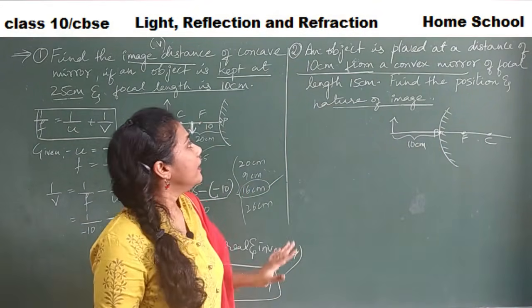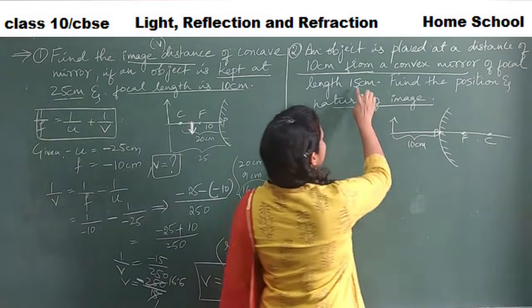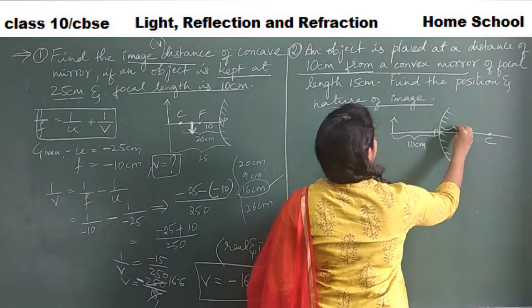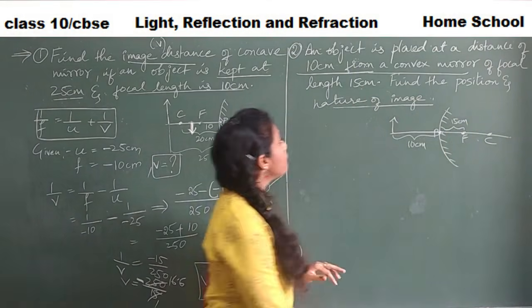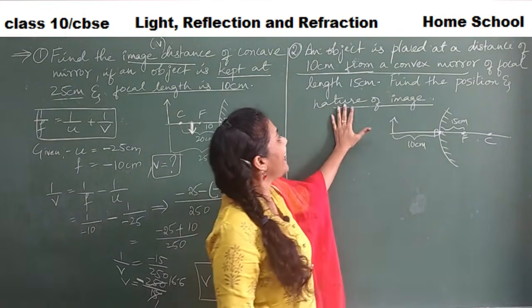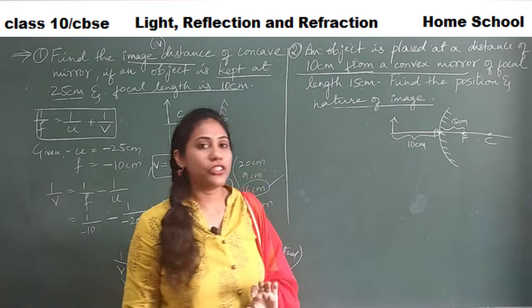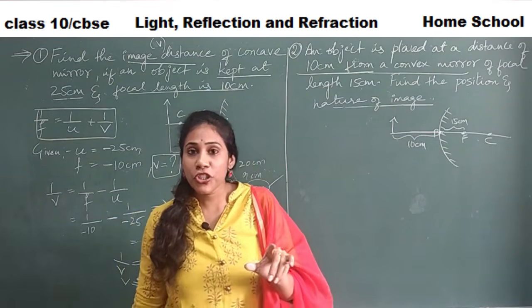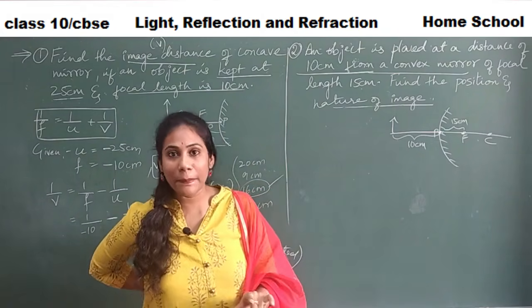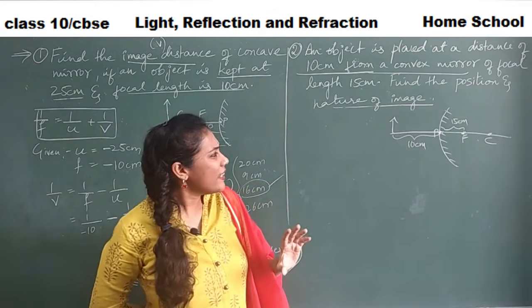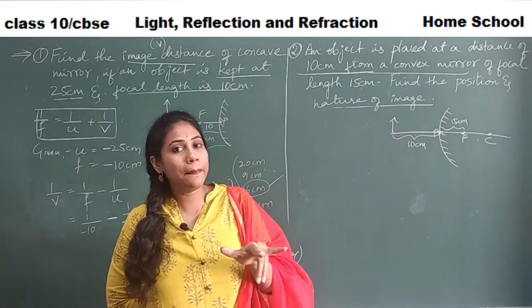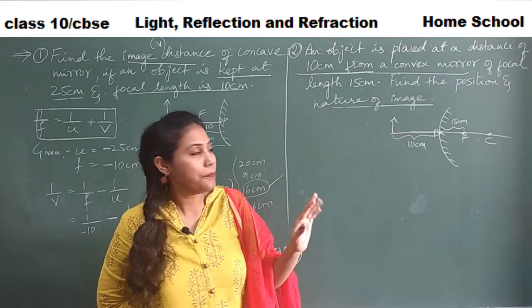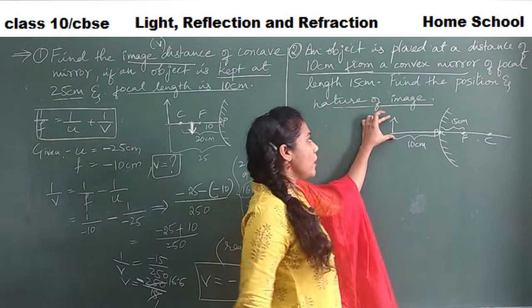Okay, fine. Focal length is 15 centimeter. This distance is 15 centimeters, guys. Find the position and nature of the image. Can you predict where you get the image according to the ray diagram? See, here is an object.